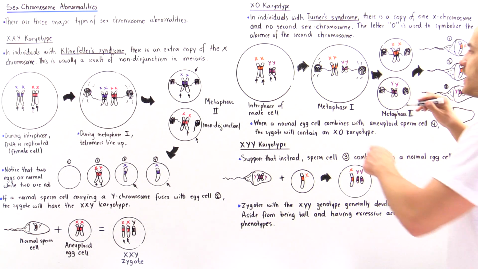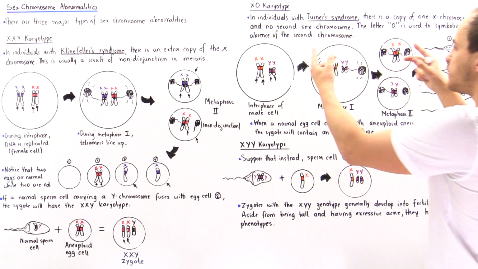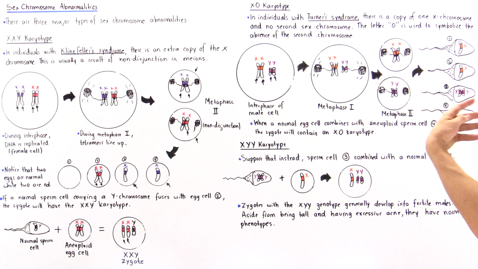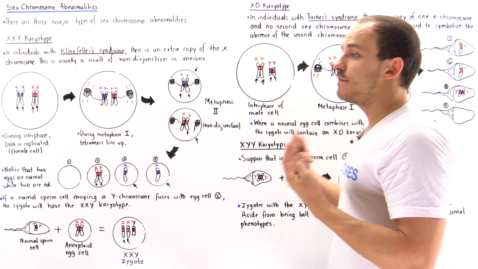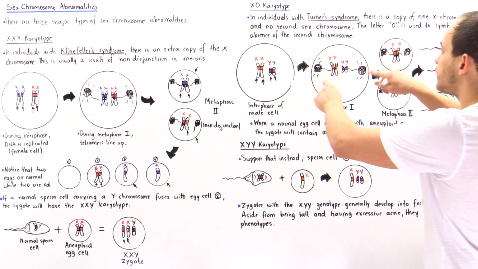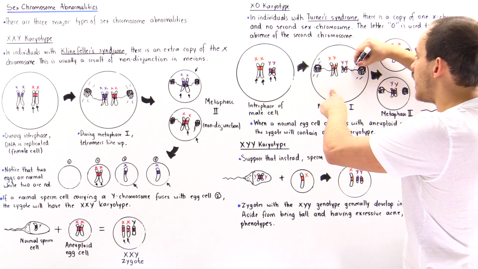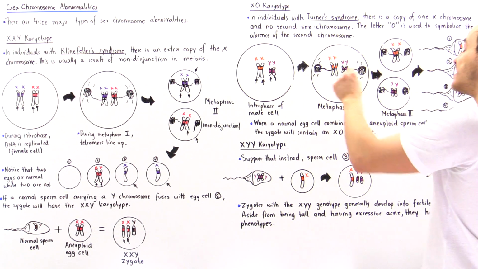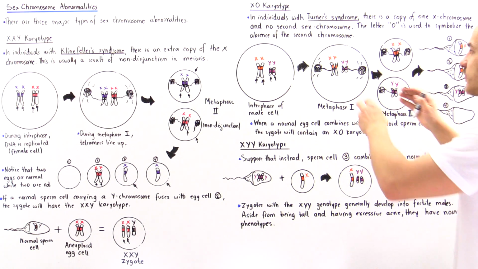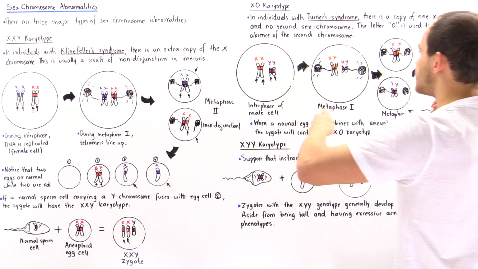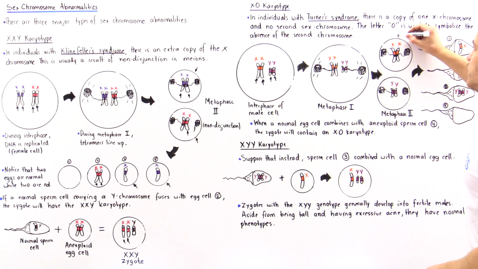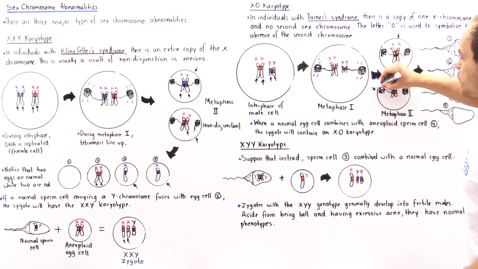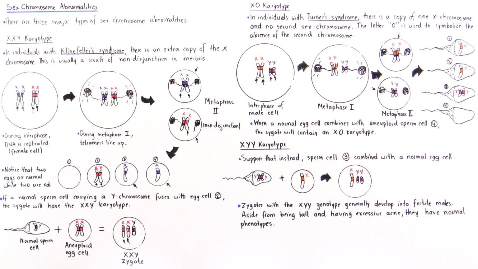That means the spindle apparatus forms correctly, and the fibers extend onto these sister chromatid pairs. Now segregation takes place and we form these 2 cells as shown, these 2 haploid male cells.